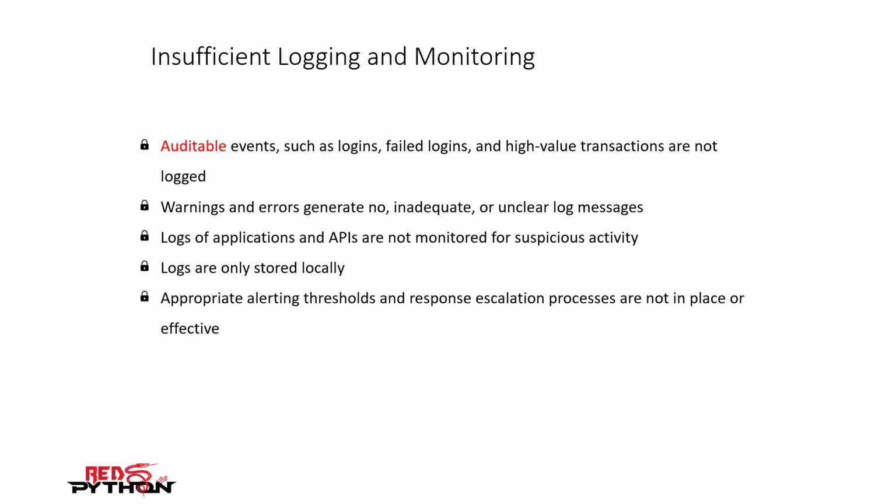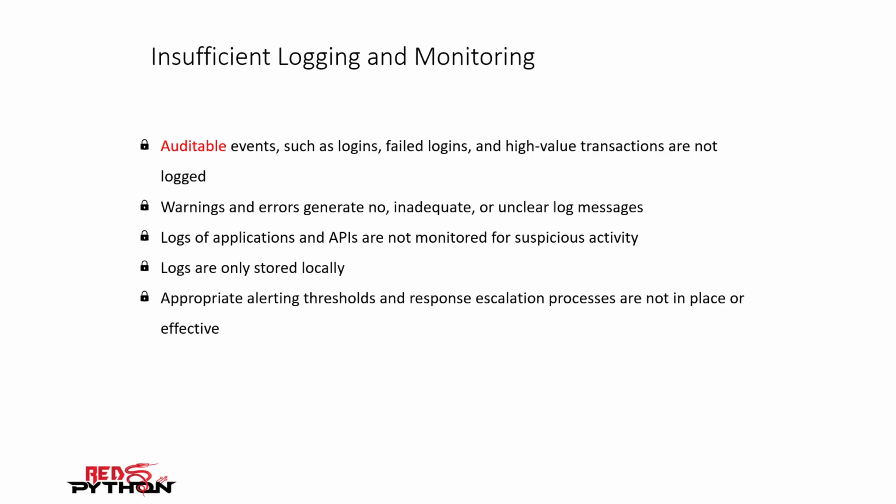The last vulnerability I will discuss in this video is insufficient logging and monitoring. In many cases, there are auditable events, but when a disaster happens, we don't get enough information from them.